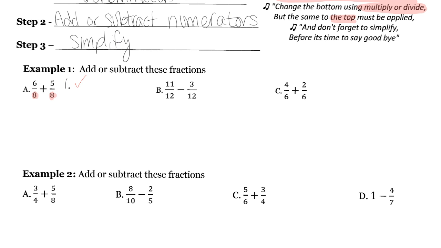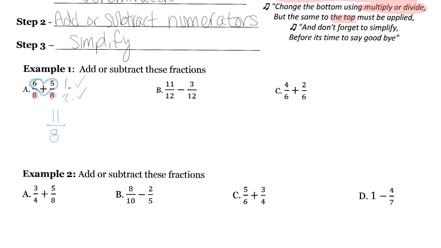So that means we can add or subtract the numerators. We're adding. So let's add up the numerators. So what's 6 plus 5? That gives us 11. So that was step 2. And that just gets put over our common denominator. So it's 11 over 8.